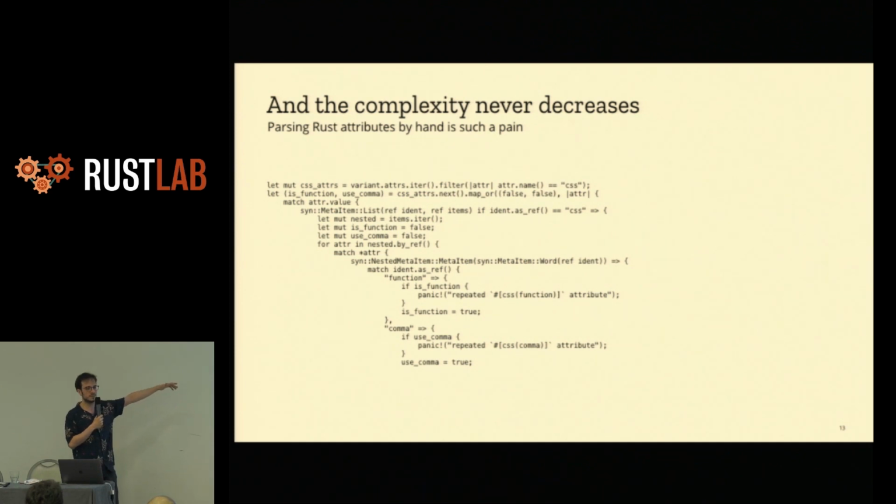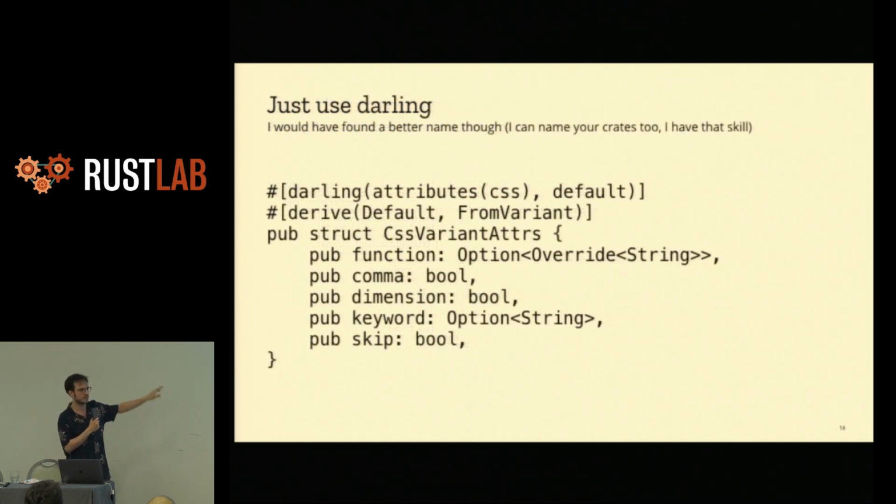So this is where the final crate of the list I showed earlier comes into play. All this code, which doesn't even fit the slide, can just be replaced by this with Darling. Darling is a procedural macro that lets you parse Rust attributes in your procedural macros, so you write your procedural macros more easily thanks to other procedural macros.